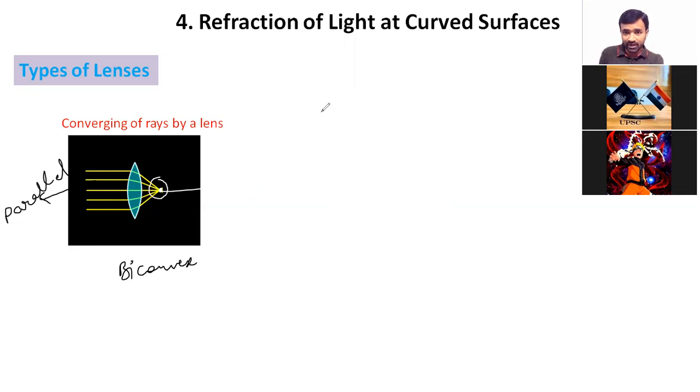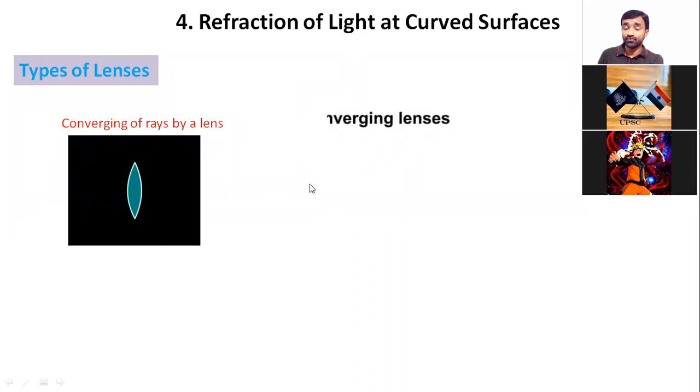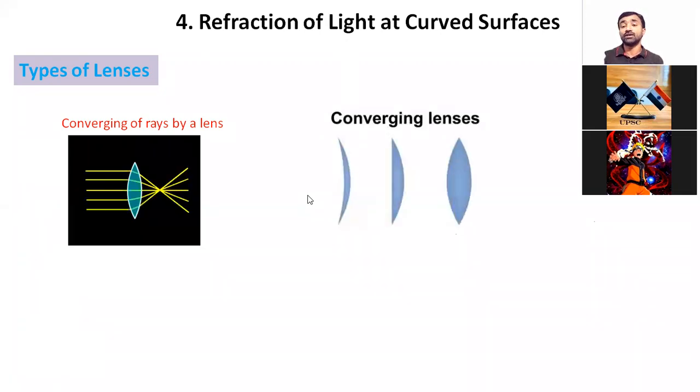So that point we can call the converging point, right? Which lens gives you a converging point after refraction? Those lenses are called converging lenses, right? So these are the types of lenses which give you a converging point after refraction.